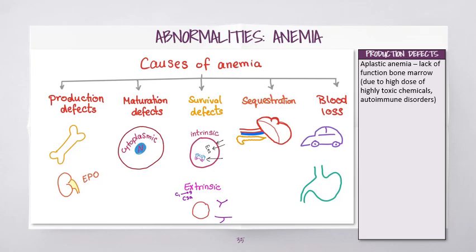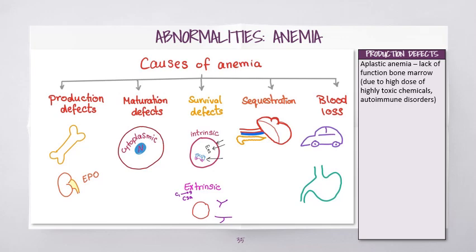Aplastic anemia is caused by exposure to high doses of toxic chemicals, autoimmune disorders, administration of drugs such as chloramphenicol, or even malignancy that occupies the bone marrow. What's important in aplastic anemia is that it does not affect only the erythrocytic lineage, but affects everything.